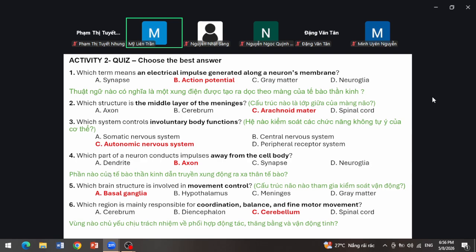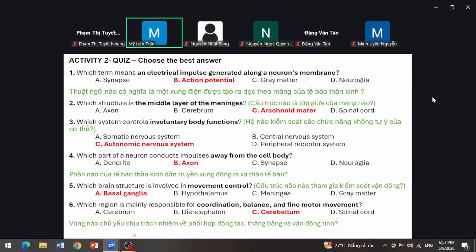4. Axon of the neuron conducts impulses away from the cell body. 5. Basal ganglia is involved in movement control. 6.